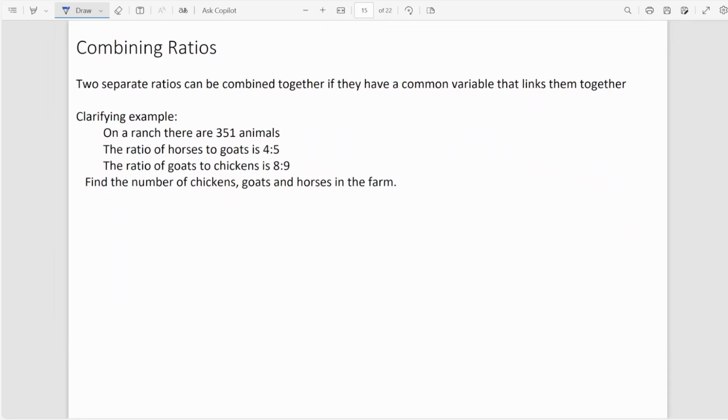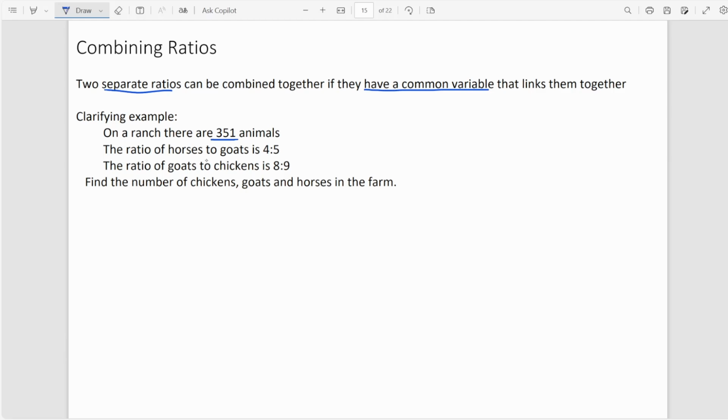You know, the second thing that you might face is how to combine ratios. Now we need to understand that two separate ratios can be combined together if they have a common variable that links them, okay? So let's take a look here. On a ranch, there are 351 animals.